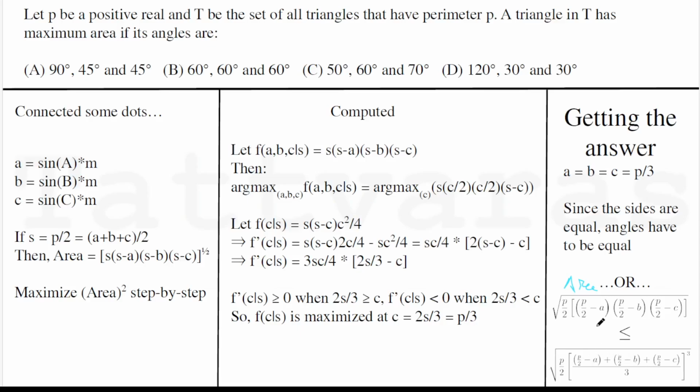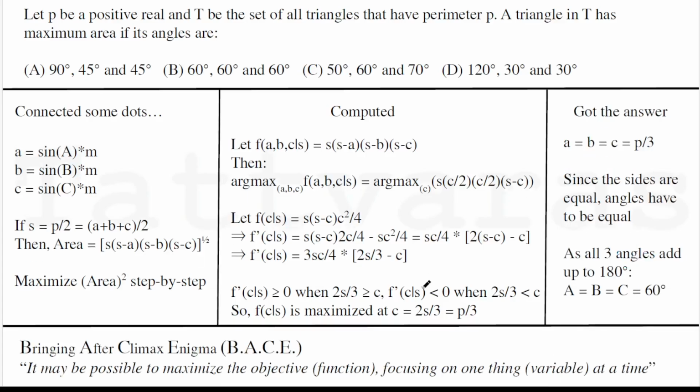The key part is that when the AM-GM inequality is satisfied with equality, it means they both become equal when the terms involved, which have to be non-negative, which in this case they are, are the same. So when all these terms are the same, it essentially boils down to a equals b equals c. So this was perhaps a smarter way to go about it. And yeah, that's it. You get the answer.